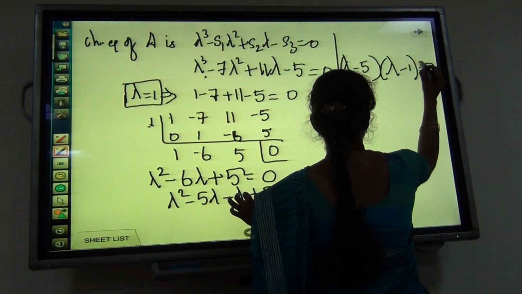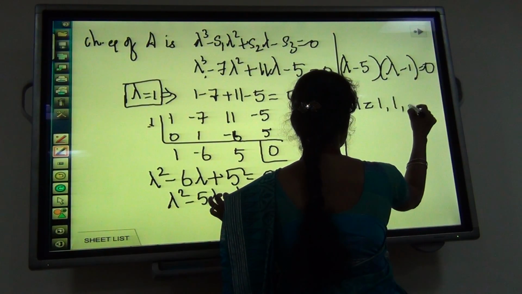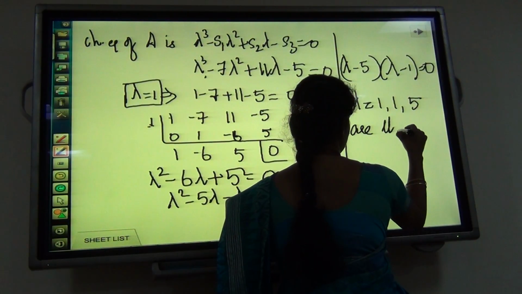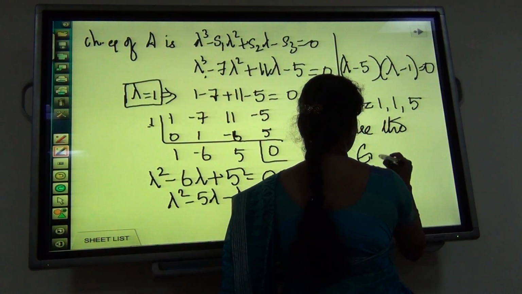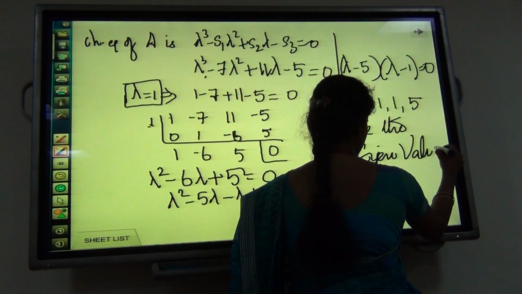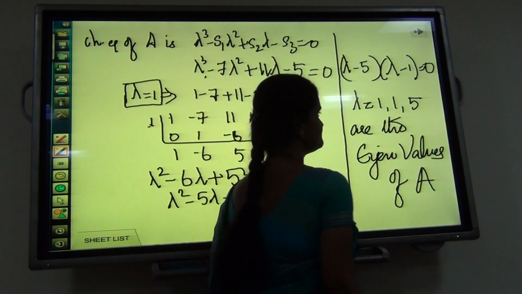Therefore, lambda is equal to 1, 1 and 5 are the eigenvalues of the square matrix A.